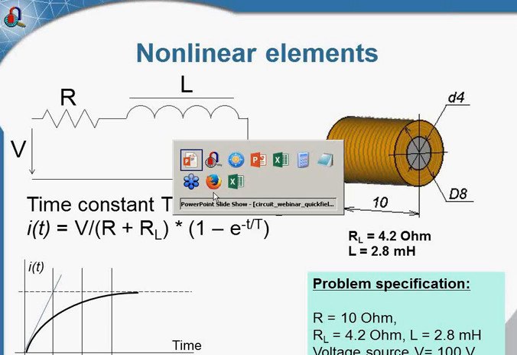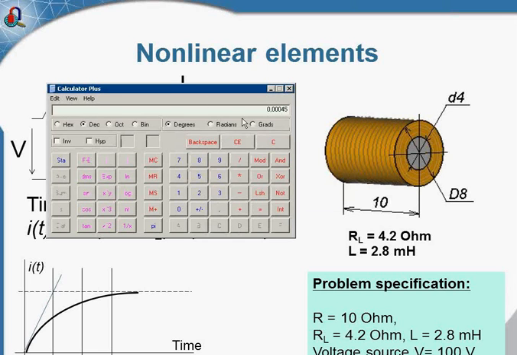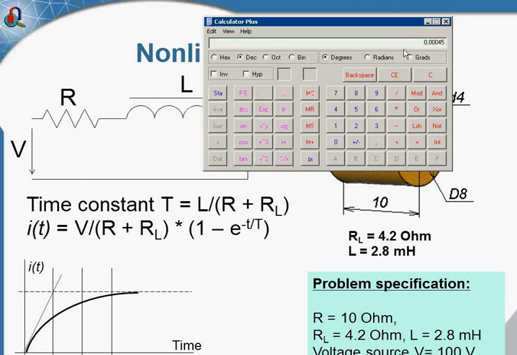So if we calculate this, inductance divided by the total resistance, it's about 200 microseconds.